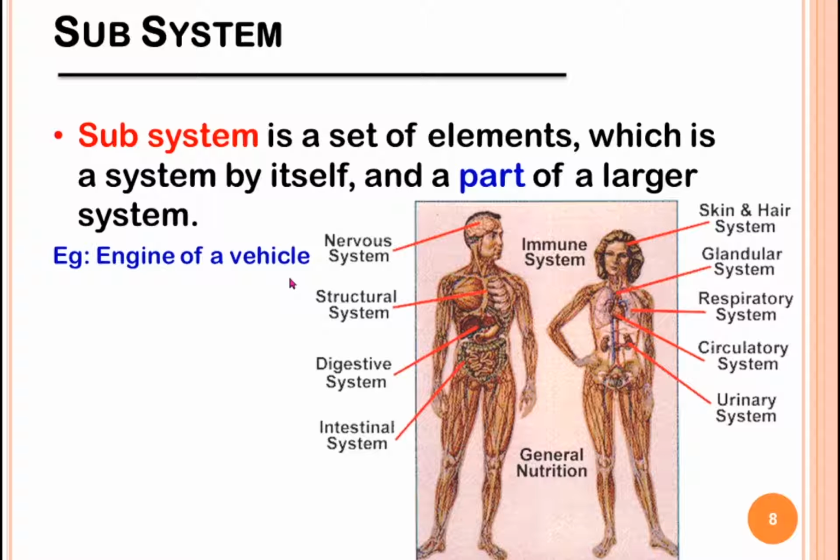And regarding the human body, there are many: the nerve system, a system inside the human body; the digestive system, another system inside the human body; then the structural system, immune system, respiratory system. So these are examples of subsystems related to the human body.